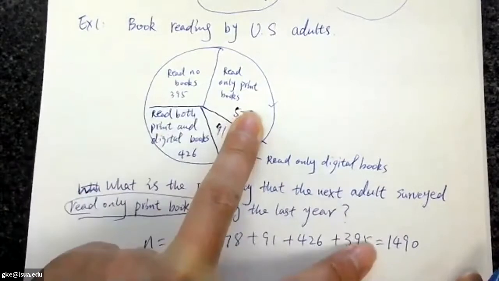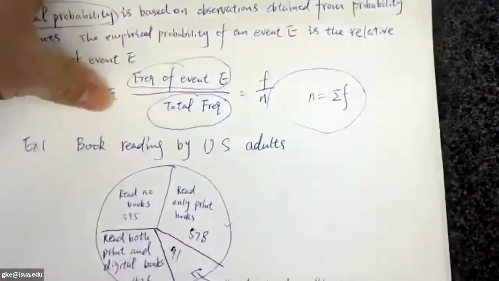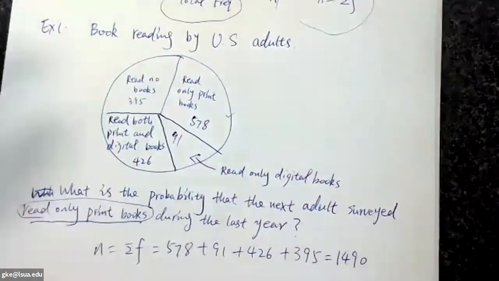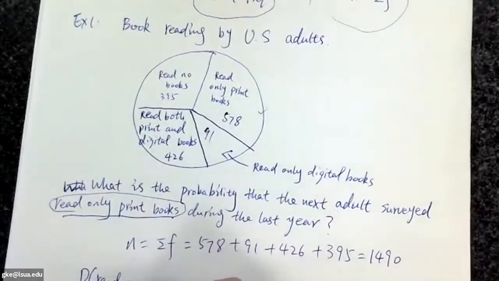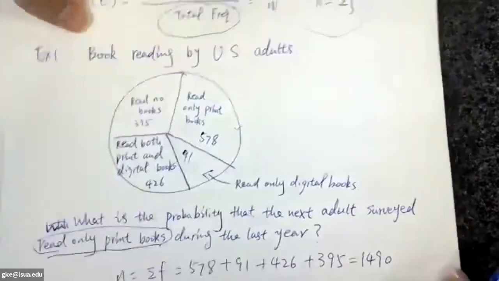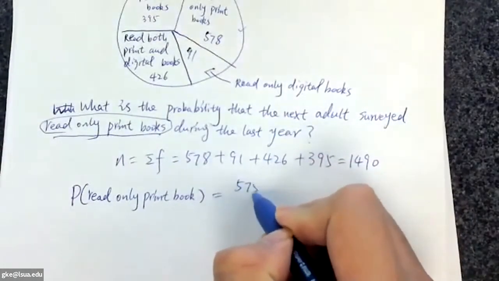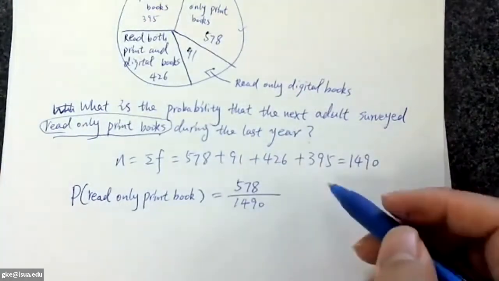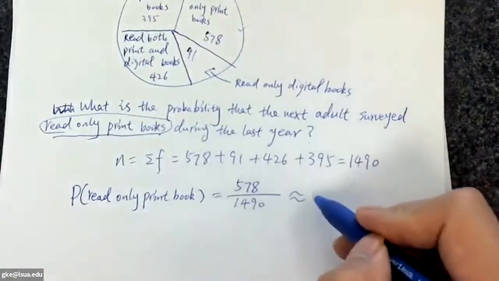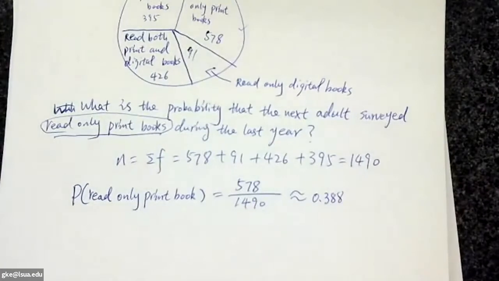The numerator is 578 and the denominator is 1490. Plugging into the formula, 578 divided by the total frequency 1490, using your calculator the value is 0.388. That's the answer.